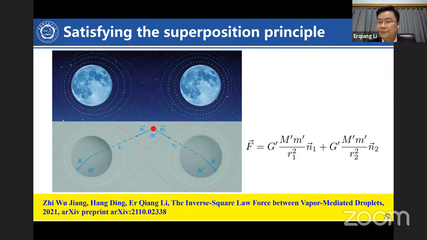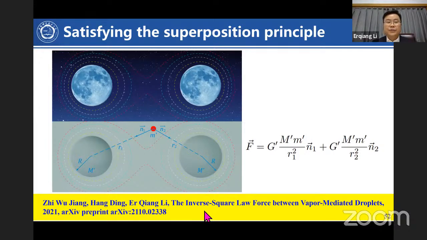The relative humidity cannot exceed 1. So that is the only restriction when we compare these two. But when we adjust it to the upper limit of 1, it works. I mean, it fulfills the superposition principle. Now, this work is not published yet, but we put it on the arXiv. If you are interested, you can get more details for this.